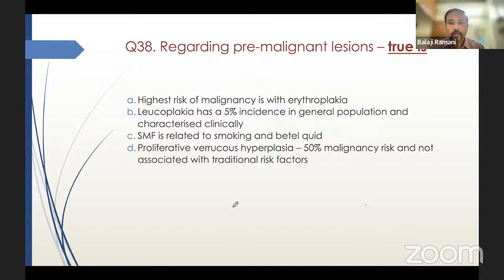So it cannot be rubbed off. The first thing that you have to remember is it cannot be rubbed off. And it cannot be characterized clinically or pathologically as any other entity.